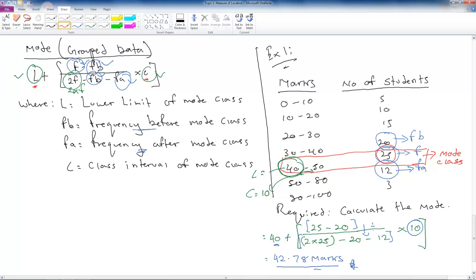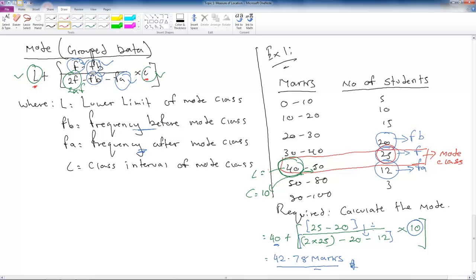Then you get the difference between 40 and 50, and the lower limit becomes your L, 40. That's how you get the values for the grouped data for the mode, and then you can work out the mode by using the formula. Are we okay with that?